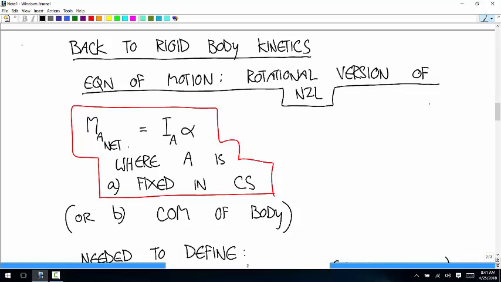So the body is either easy or hard to rotate based on how big that moment of inertia is. That's the figure skating thing. And depending on how hard it is to get that body rotating, the moment determines how much angular acceleration you get.